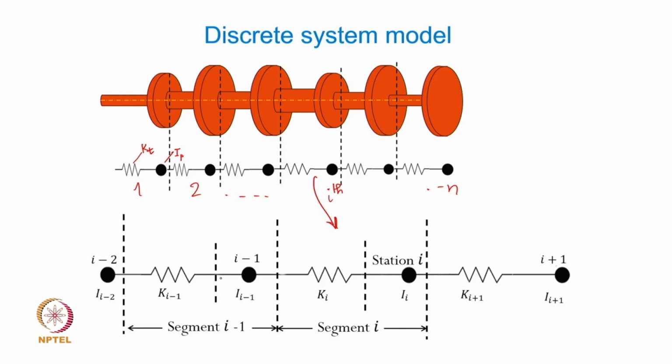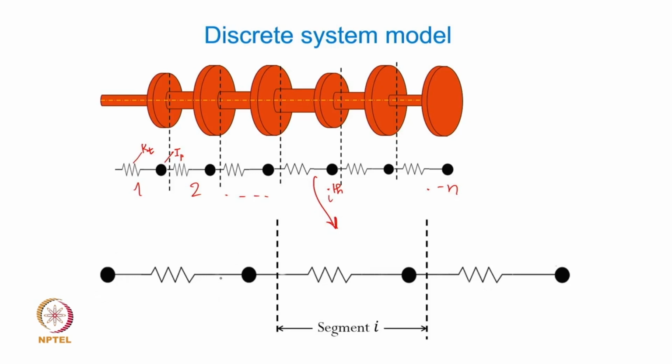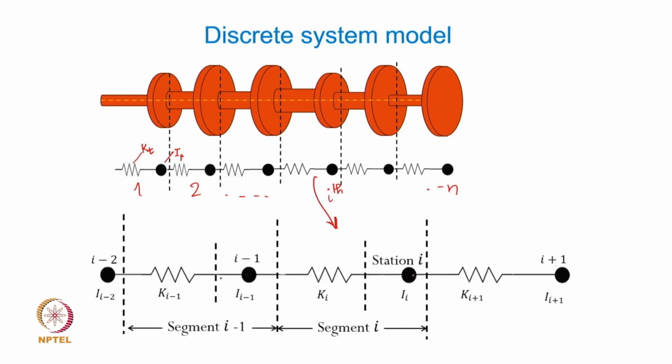Now once those segments are defined, we further compartmentalize that segment into two parts: there is an inertia part and then there is a spring part. This spring has a stiffness representing the ith segment stiffness as Ki, and the ith segment's mass is captured through the inertia Ii, and this we call the station I. The next subsequent segment will have its own station, and this will be I plus 1.